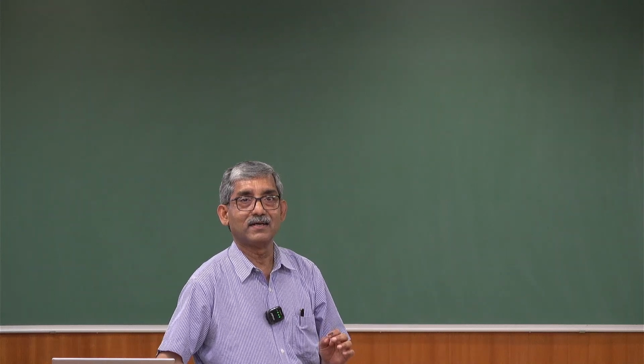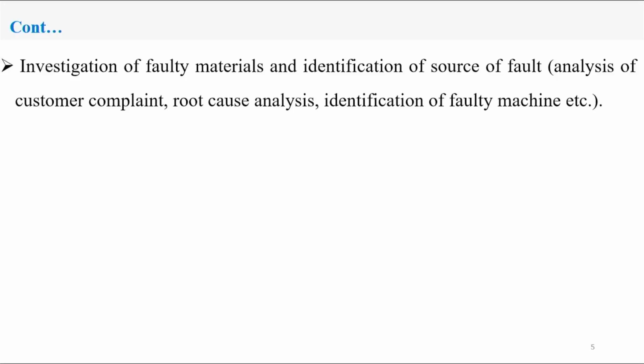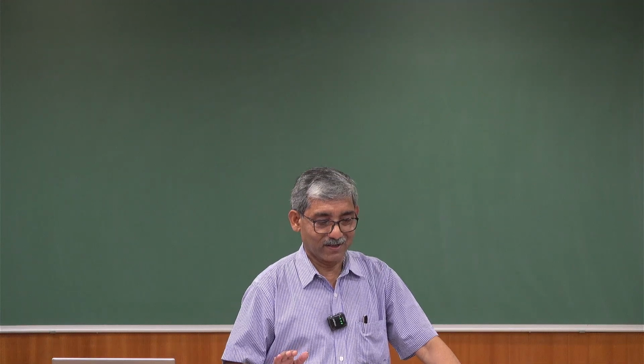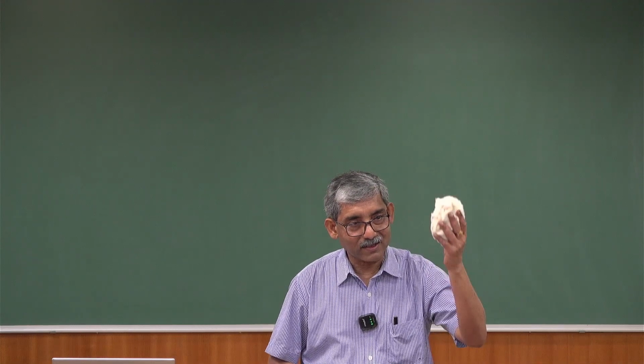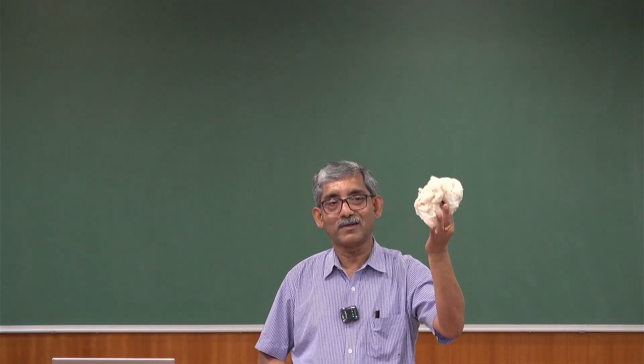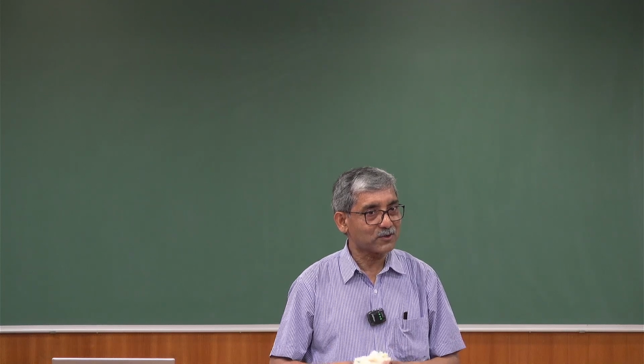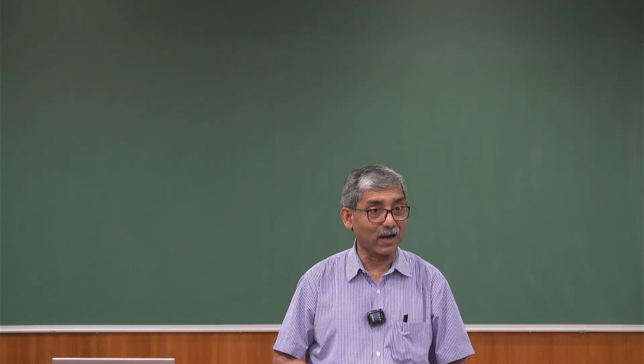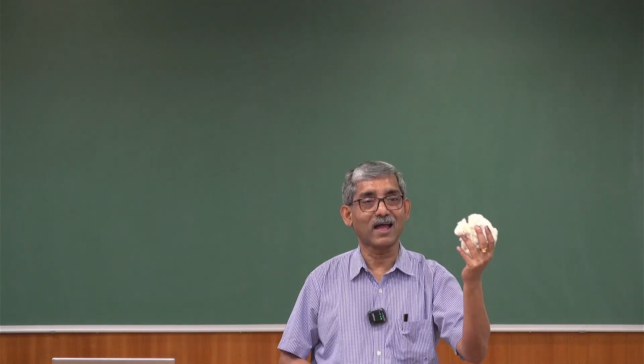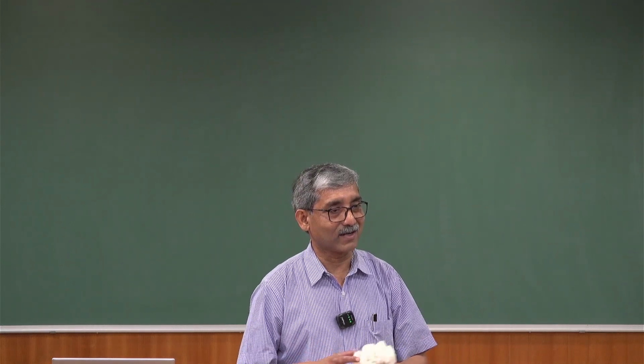Next is the investigation of faulty material and identification of the source of faults. That is another objective of testing. Like this is the raw material which we are getting from outside. We cannot be sure, and we should not blindly believe that this material is as per our standard.